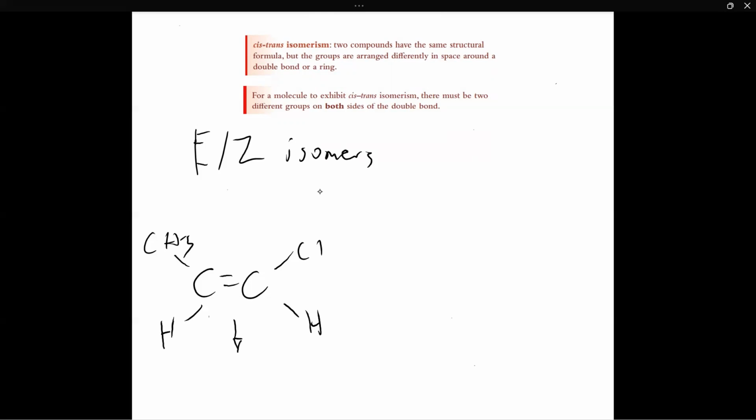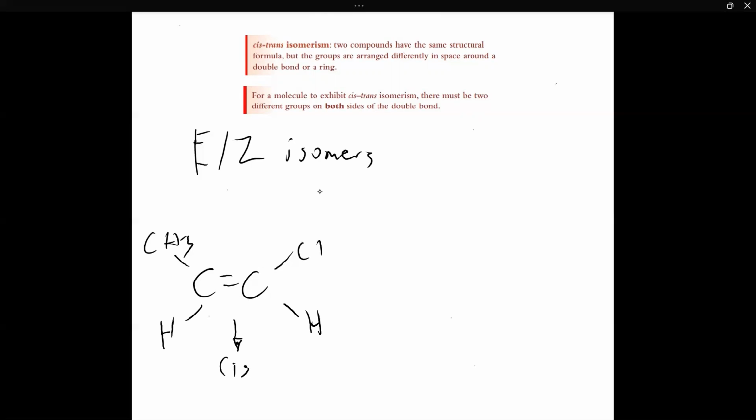This would be a cis isomer because the groups are on the same side. But this also depends on the fact that you can only name compounds as cis or trans if you also have groups on both sides which are the same, right? In this case, we have hydrogen. Hydrogen is the same on both sides, and that is what allows us to make the distinction between cis and trans.